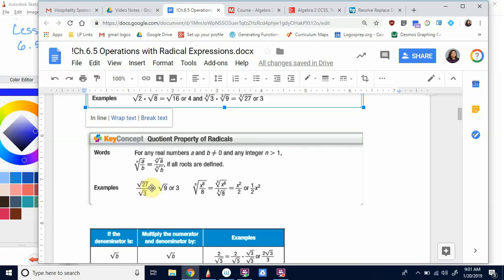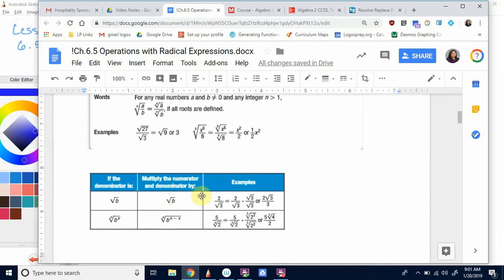For instance, we know 3 is a factor of 27, so they have the same index, just like multiplication. We put them in the same radical and get 27 divided by 3, which gives us the square root of 9, or 3. Now, we'll come back to this little box when we're doing the problem and rationalizing.